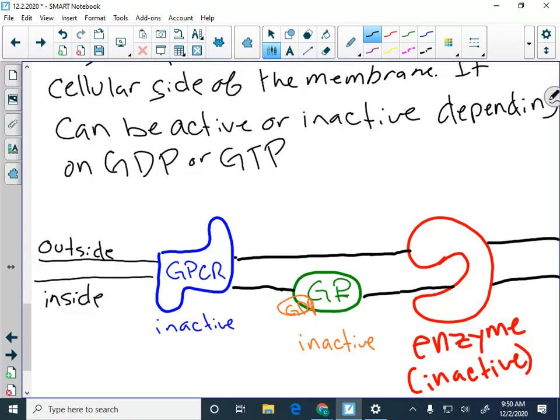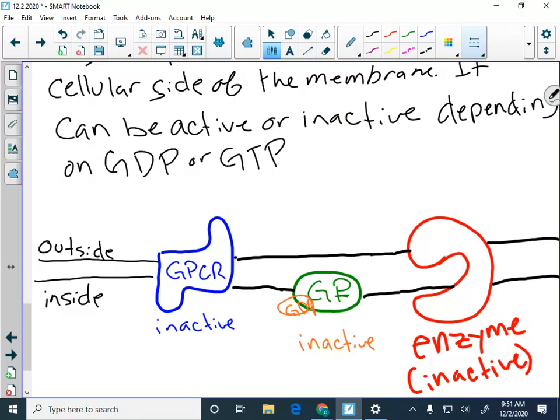So this is when there's no signaling molecules present, nothing's happening, everything's inactive, everything's shut off. These are our key players. We have our receptor, we have our G protein, we have our enzyme. That's step one, essentially.